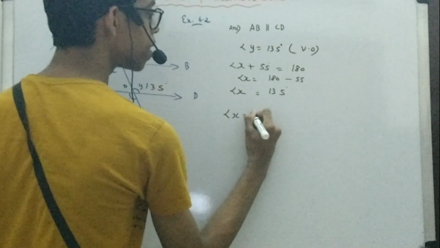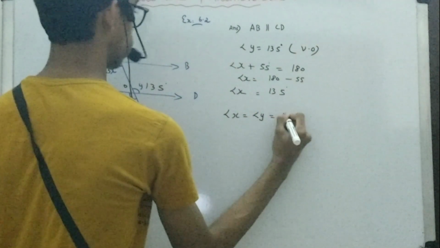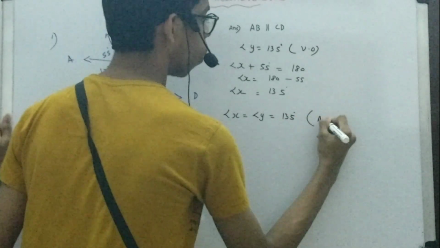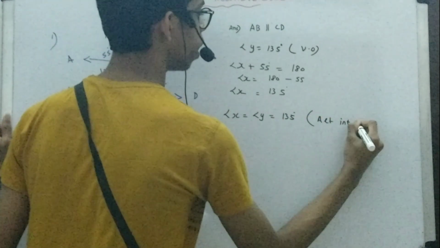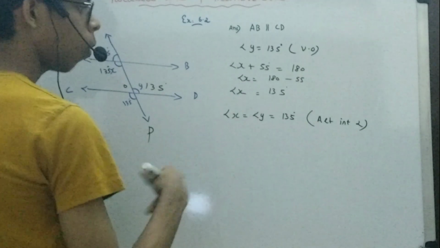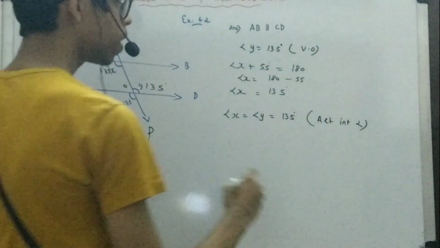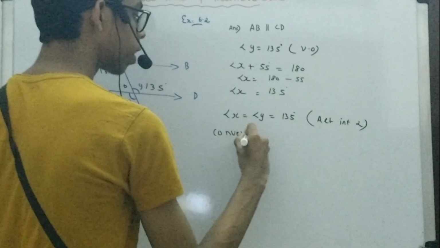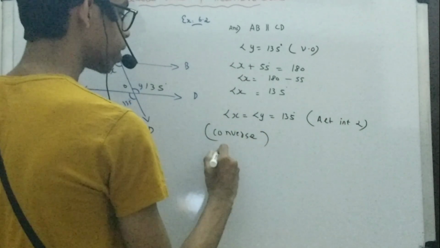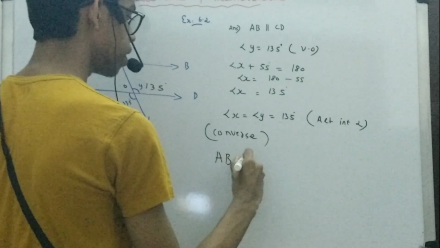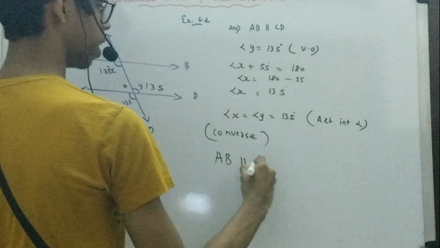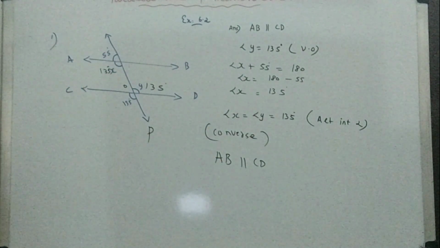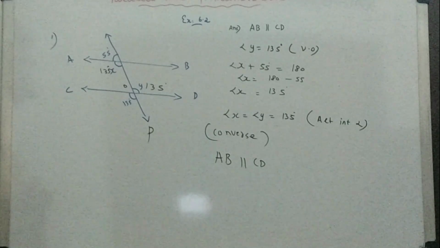Since angle x is equal to angle y, because they are alternate interior angles, by applying the converse of the alternate interior angle theorem, we can say that AB is parallel to CD, because we have got the alternate interior angles equal to each other.